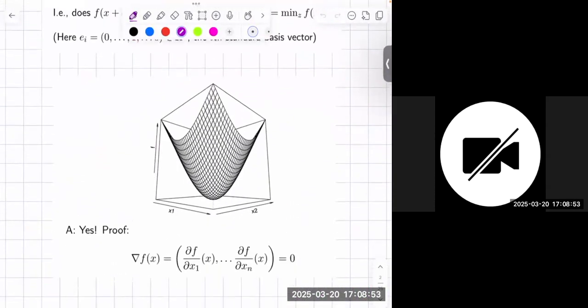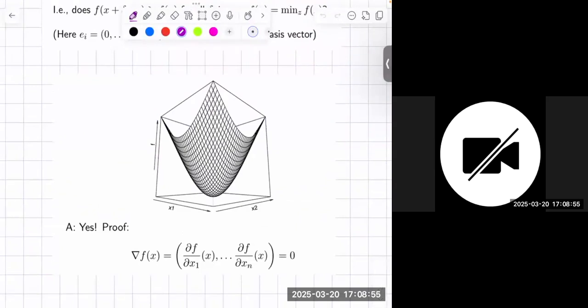For example, this is a typical convex function. And the reason you would expect this kind of shape is that convexity, which we will see soon, is again related to these first and second order conditions. The second order condition is the Hessian matrix being PSD, and when you get a PSD matrix, it usually gives you a shape of this sort.